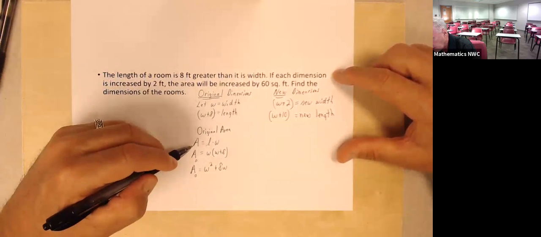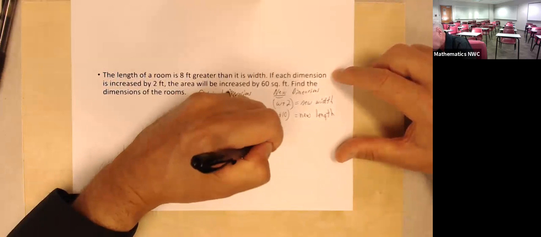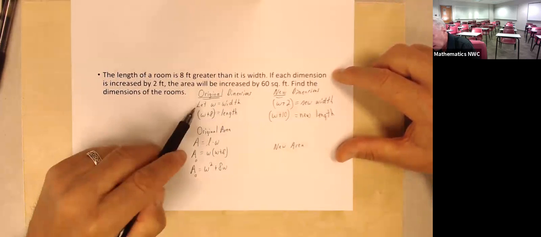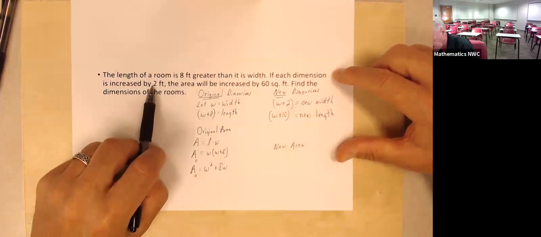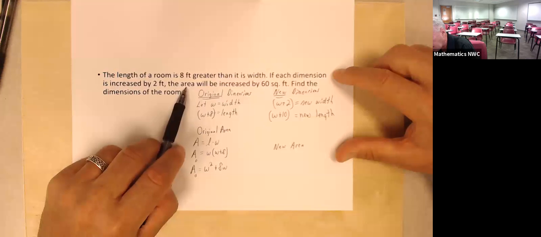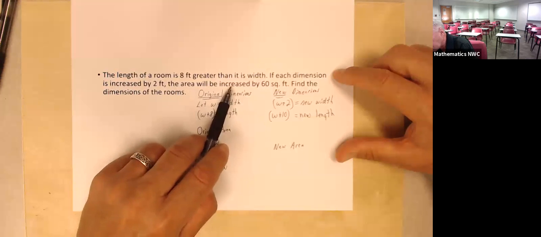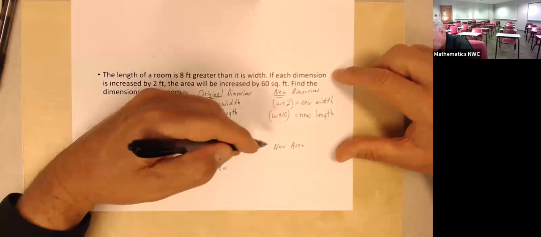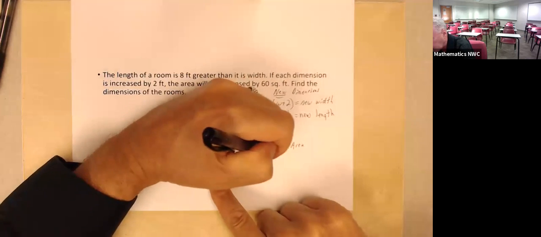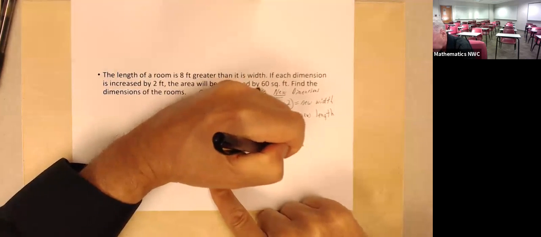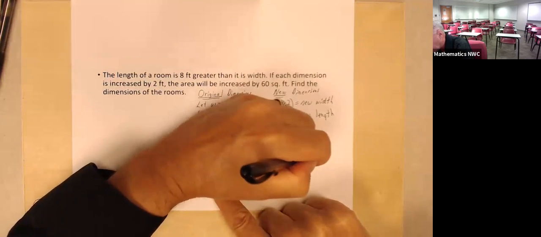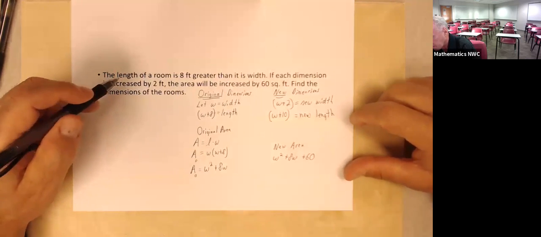That's my original area. My new area, it says that if I increase each dimension by 2, the new area is increased by 60. That means this will be 60 more. So the new area is going to be the same old area, W squared plus 8W, but I'm going to add 60 to it.